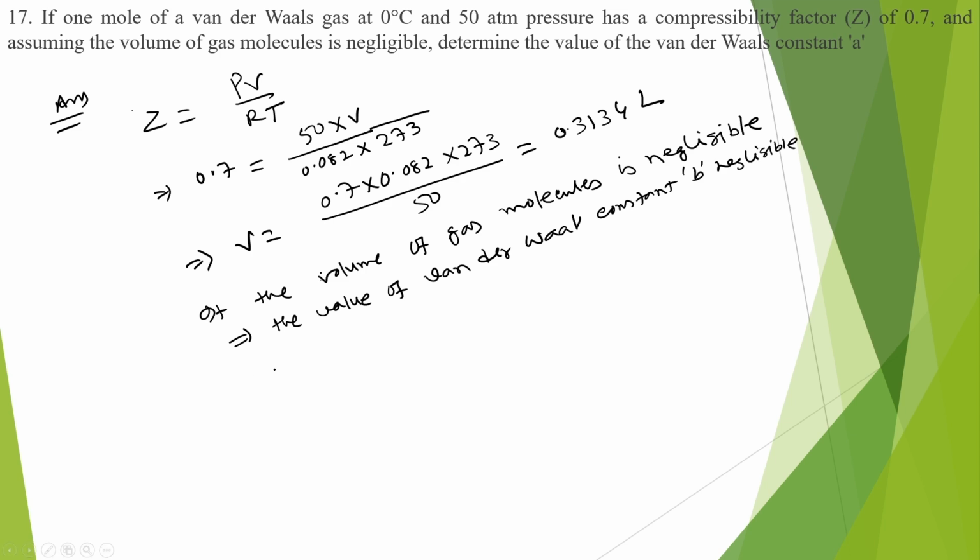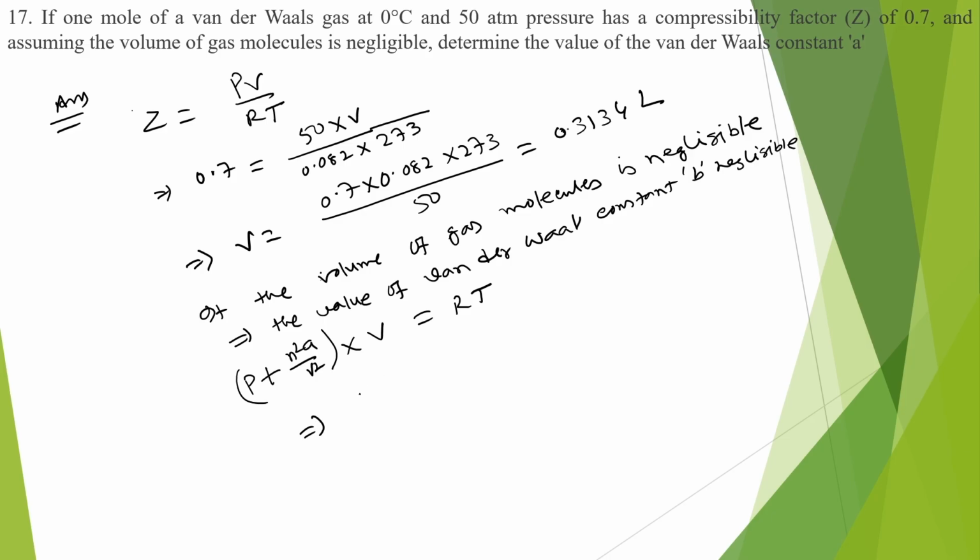So, if B is negligible, the van der Waals equation of state becomes (P + n²A/V²) times V gives RT, as n is 1.